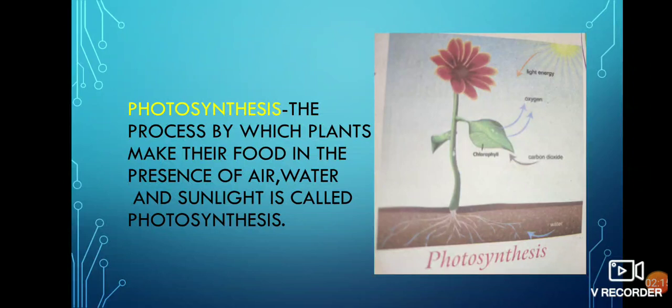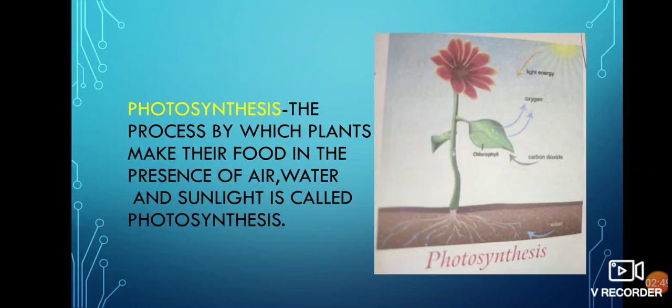Because green plants can make food with the help of air, water and in the presence of sunlight, it is called photosynthesis. Photosynthesis will be performed by the green plants only in the presence of sunlight. So plants cannot make their food during night.